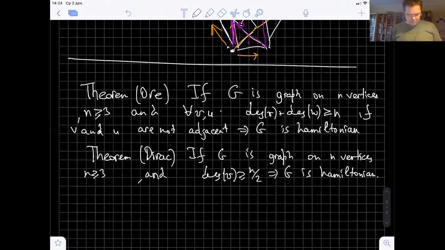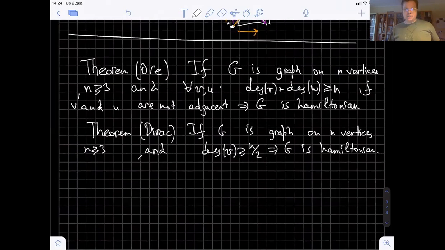And of course, you can see that if we prove Ore's theorem, then we also have Dirac's theorem, because if all degrees are at least n over 2, then the sum of the degrees of two vertices is at least n. So we have the second theorem.